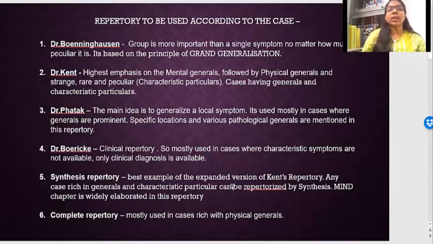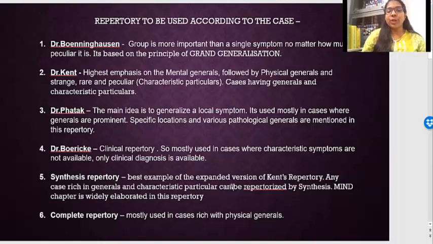Then comes the Phatak repertory, the systematic alphabetical repertory. Dr. Phatak's idea was to generalize a local symptom. It was used mostly in cases where generals are prominent. Specific locations and various pathological generals are mentioned in this repertory.